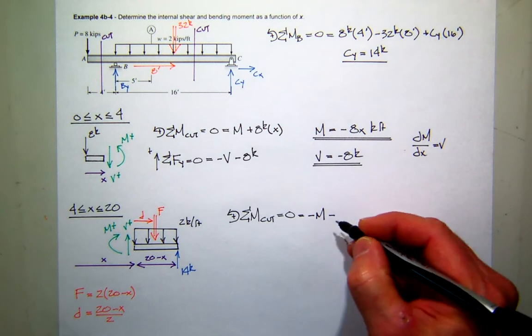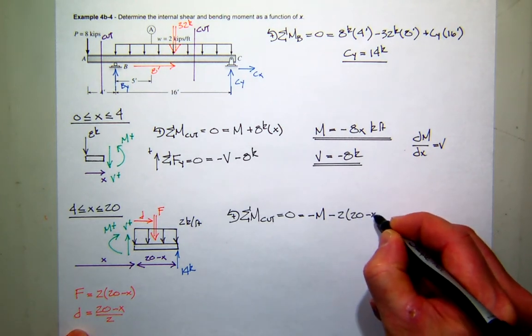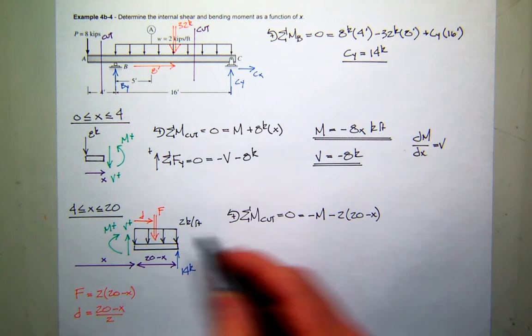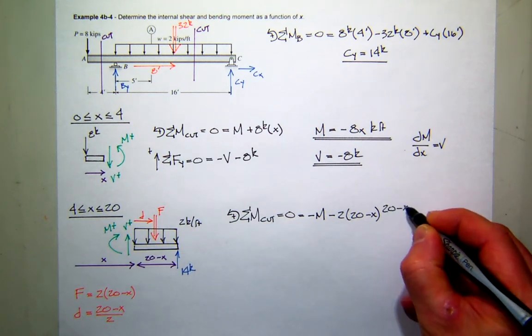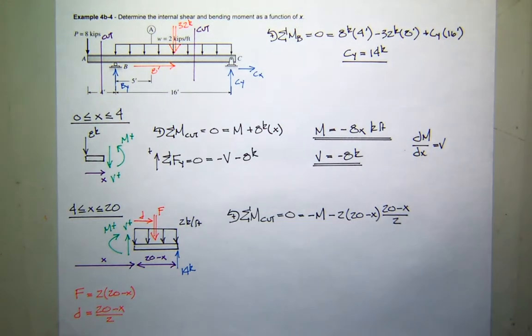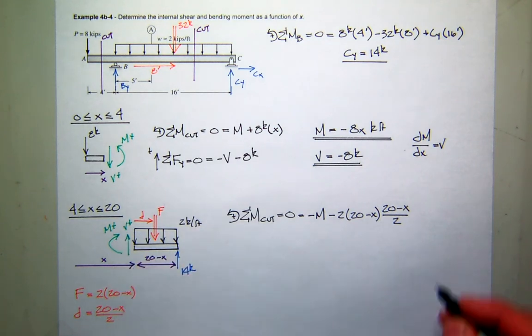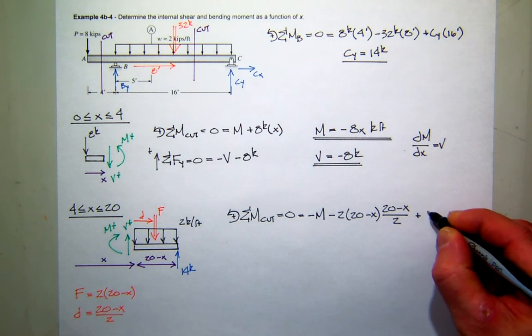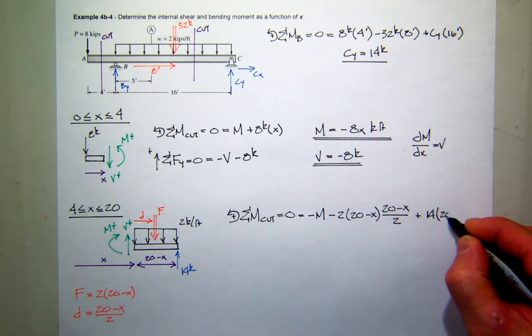So we got minus F. Remember F is 2 times 20 minus x, and then times this moment arm D, which is 20 minus x over 2. And what else do I have? I've got this reaction force 14, and about the cut, what kind of moment does it create? Positive. So I've got 14 times its moment arm, which is 20 minus x.